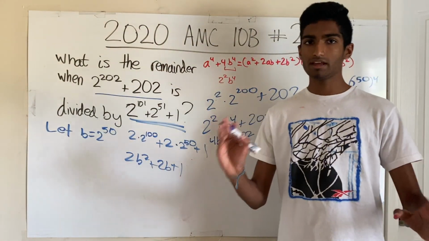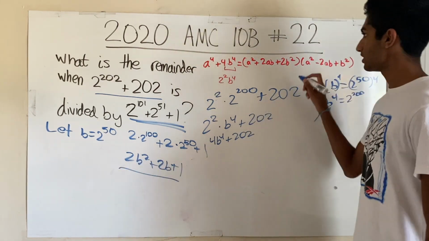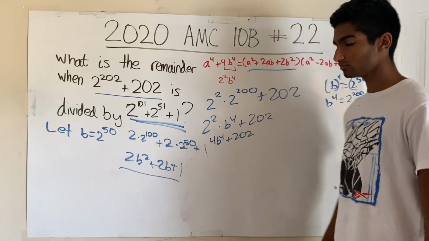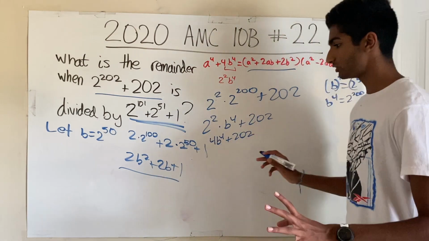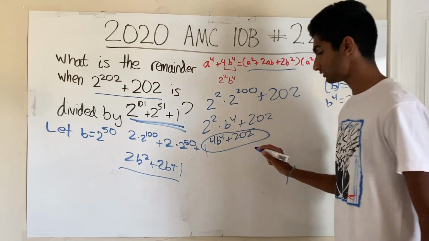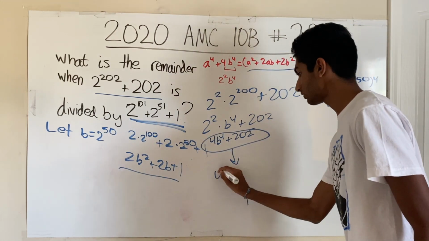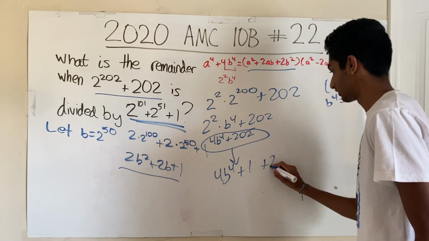Now, the main trick here is I want you to notice this number and one of these numbers. So if you don't already see it, what we can do is make that go to 4b to the fourth plus 1 plus 201.